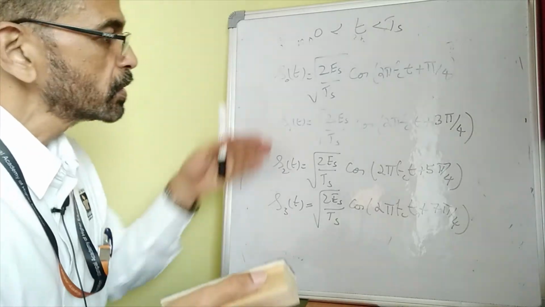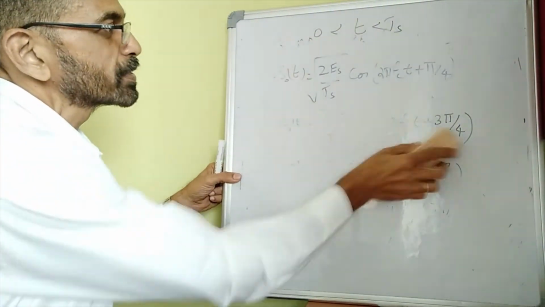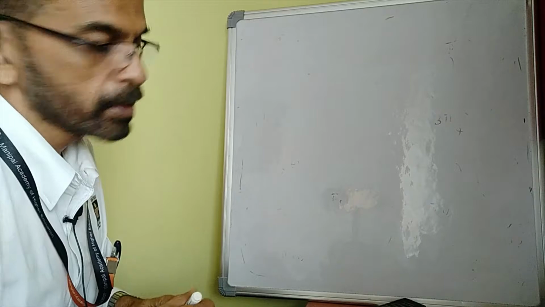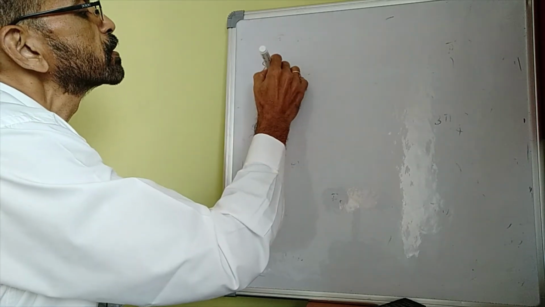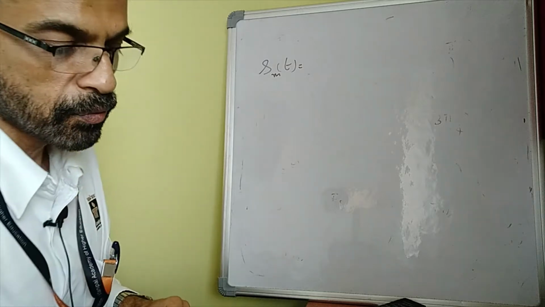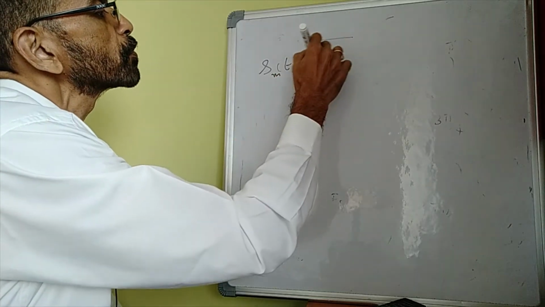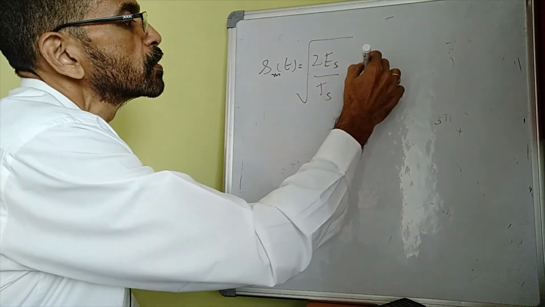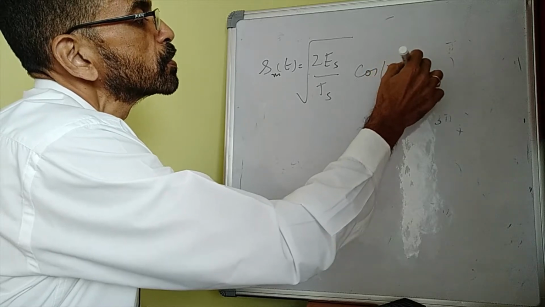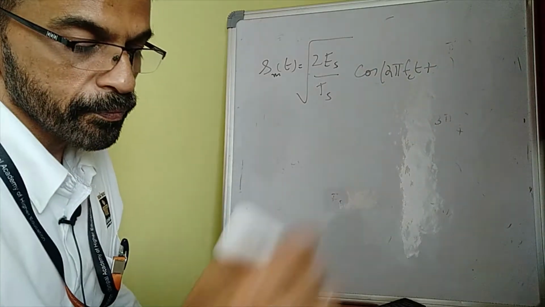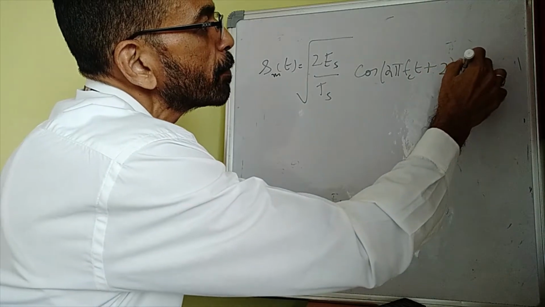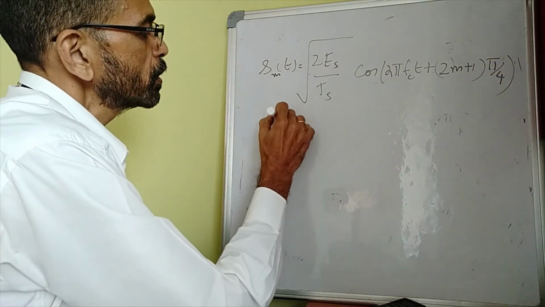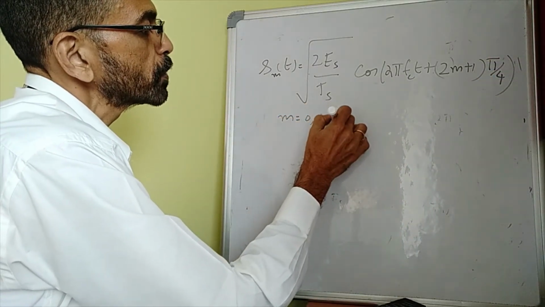These four signals we can express in the form of a single expression by writing it like this: SM(t) equal to square root of 2Es by Ts cos(2 pi fc t plus (2m plus 1) pi by 4), m taking on values 0, 1, 2, 3.